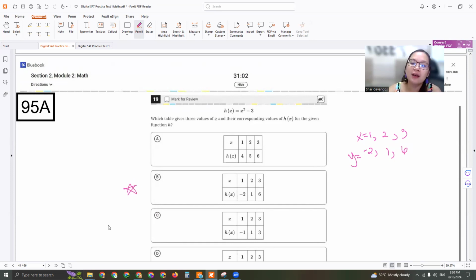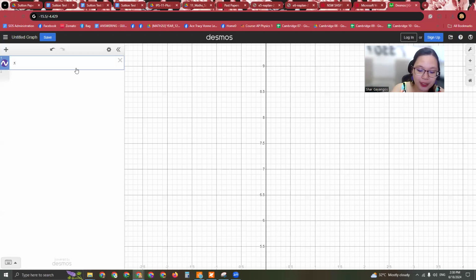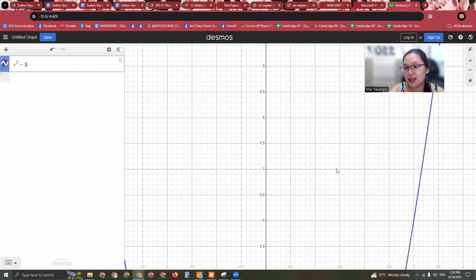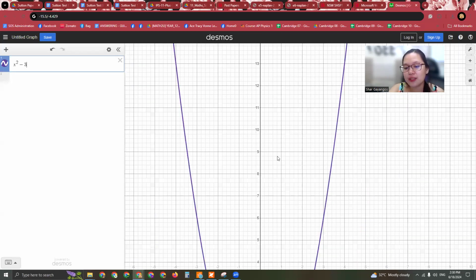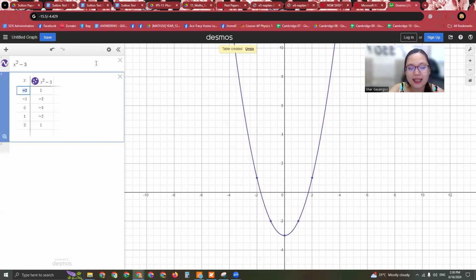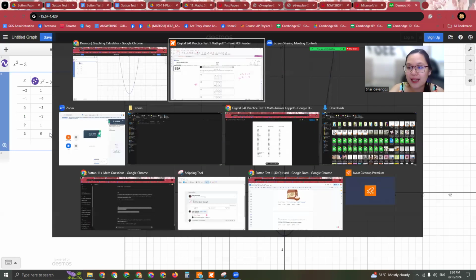And then why is it that I took a break to show you this on decimals? I want you to try this. Just key this in, type in the equation, and then from here, click on settings and then create table, right? Of course, we only have from -2 to 2 by default, but you can just add the value of 3 and focus on this 1, 2, and 3. -2, 1, and 6.